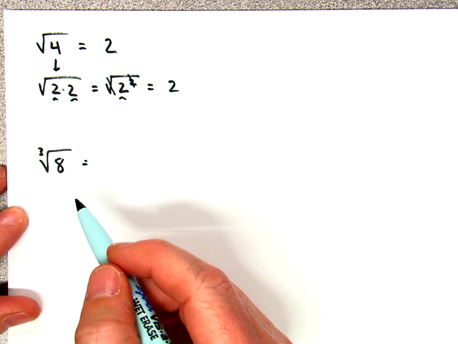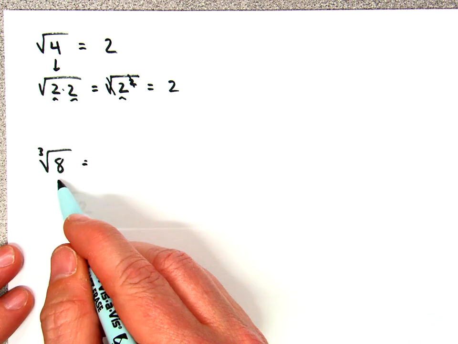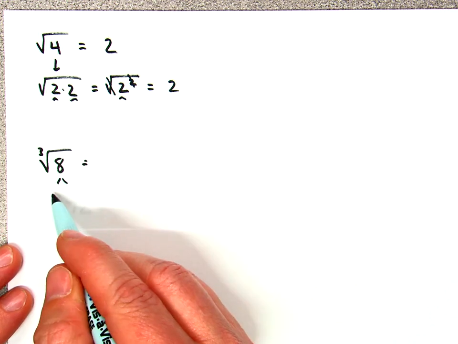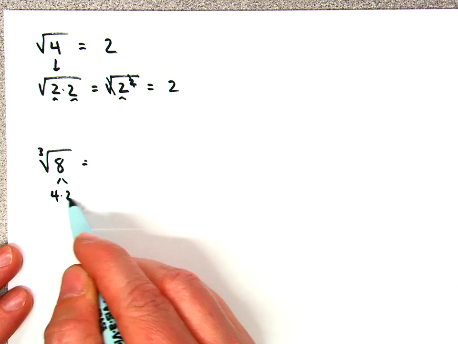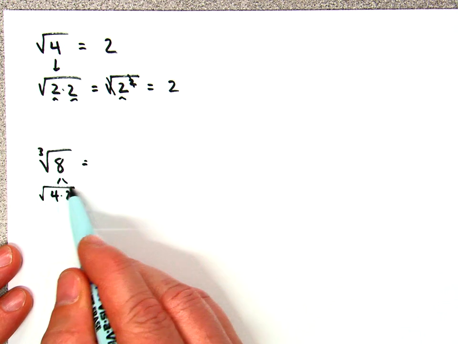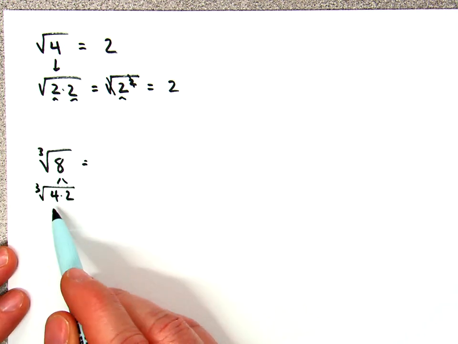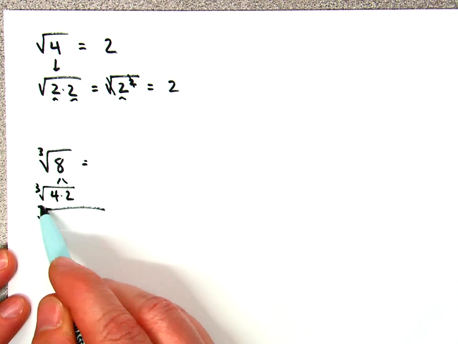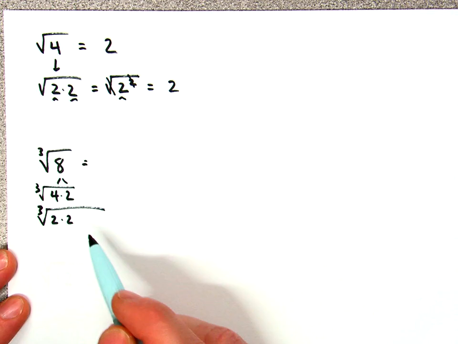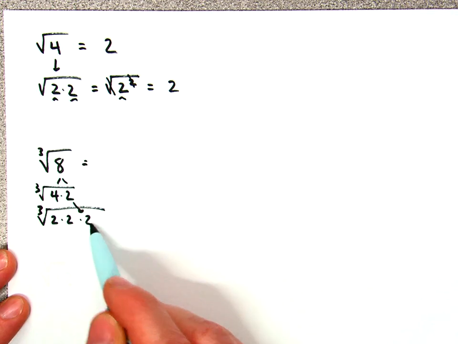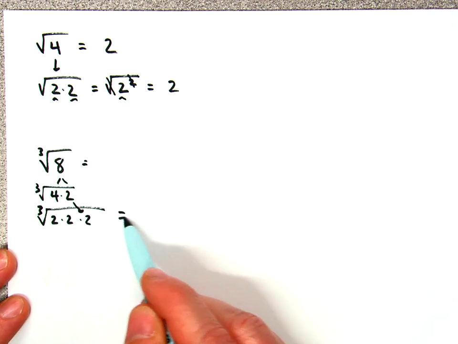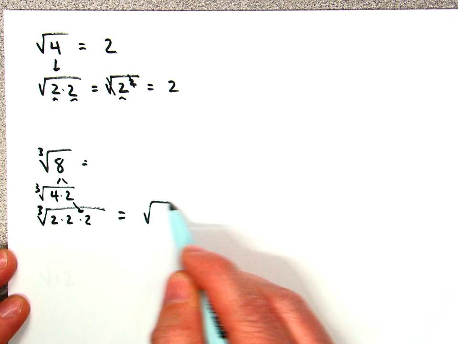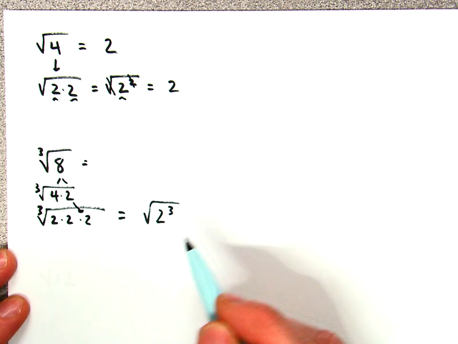If we want to think about it in terms of, 8 is the same as 4 times 2, right? And 4 is the same as 2 times 2. So this 2 is still here. Then we can say that 3 2's multiplied together would be 2 cubed.